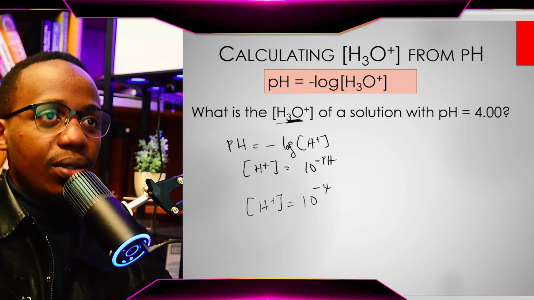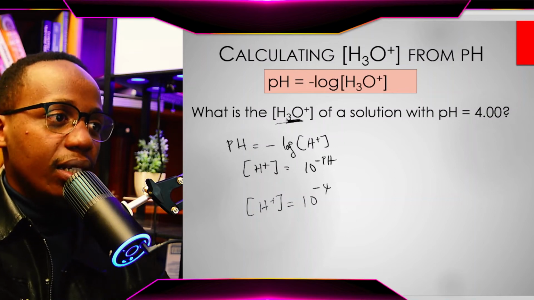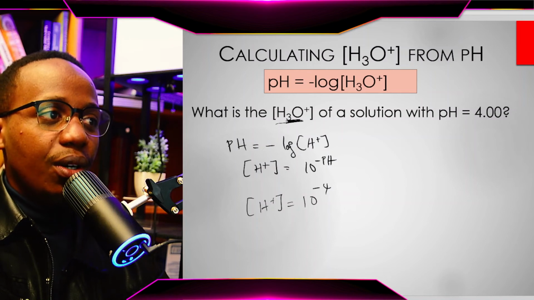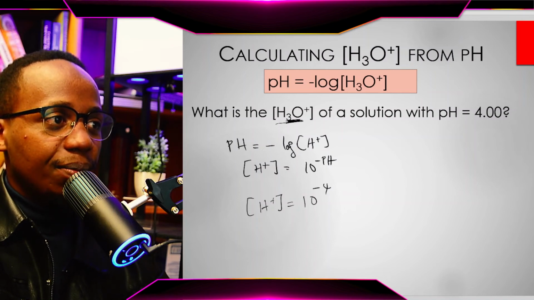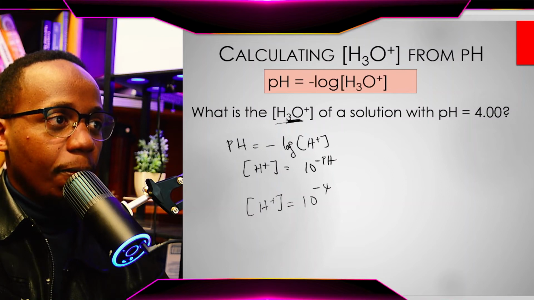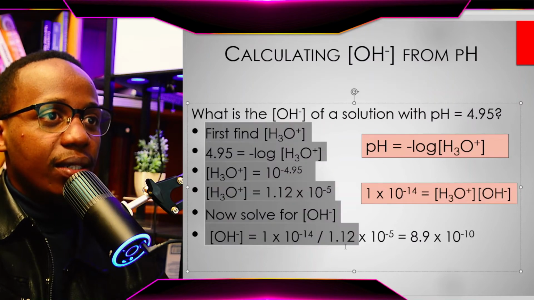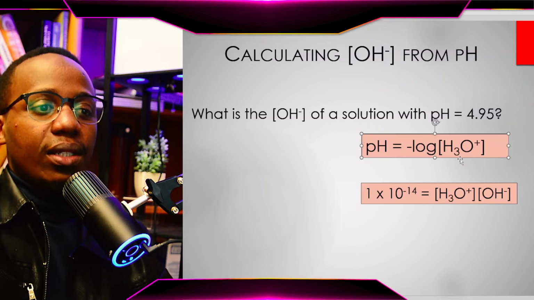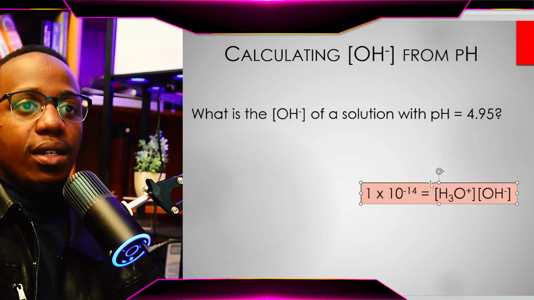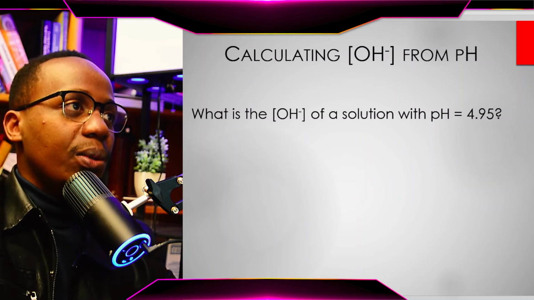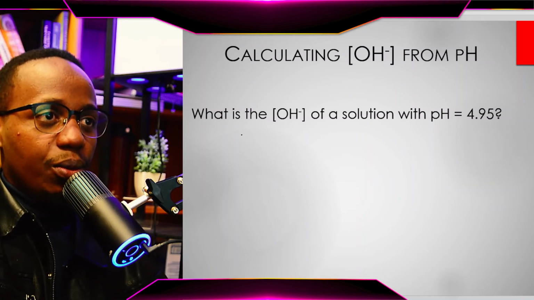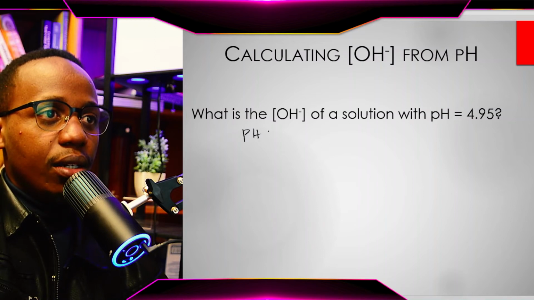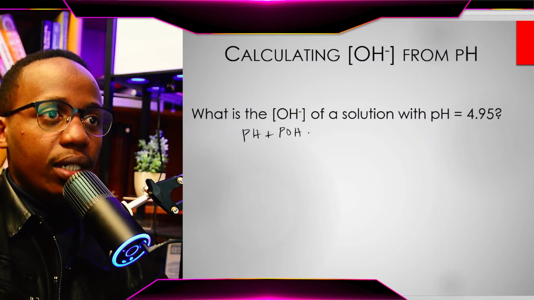Calculate H3O from pH. All right, let's look at another example. What about calculating OH minus from pH? There are different ways to do this. There are two ways. Let me show you the easy way. We know that pH plus pOH is equal to 14.